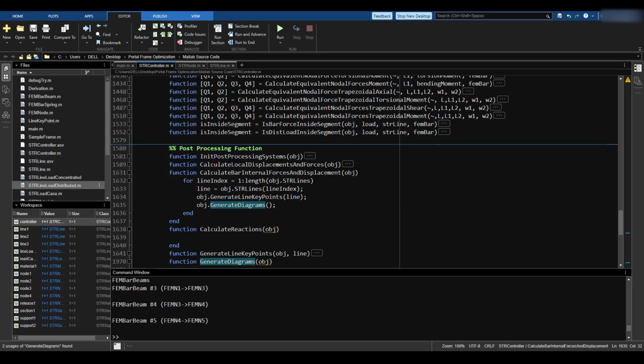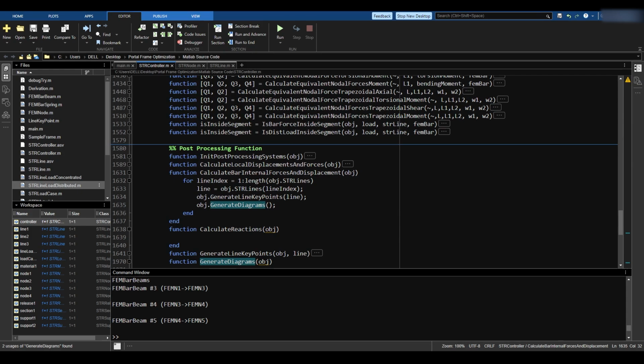So it's a group of equations bound together, and we need basically to know the equations and the domains of the equations. Also, we might be interested in the absolute maximum and the absolute minimum of the diagram, as well as the location of the absolute maximum and the absolute minimum. So this is what a diagram is.